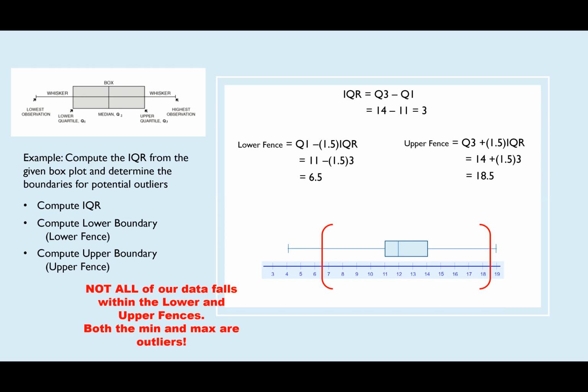And I get 18.5. So if I mark off 6.5 and 18.5 with these red brackets, this tells me that anything outside the brackets is considered an outlier. And we can clearly see that not all of our data falls within the upper and lower fences. So for sure, our min and our max are outliers.